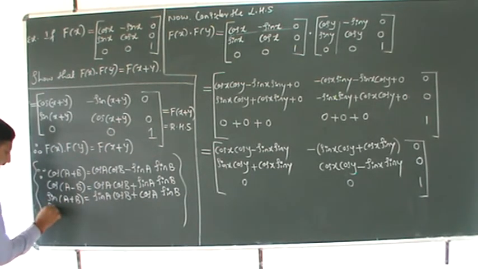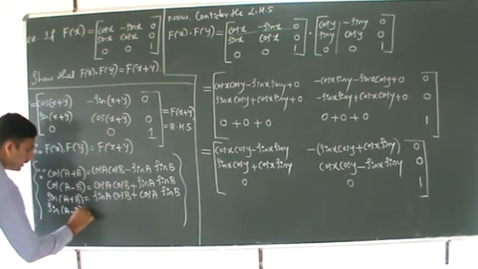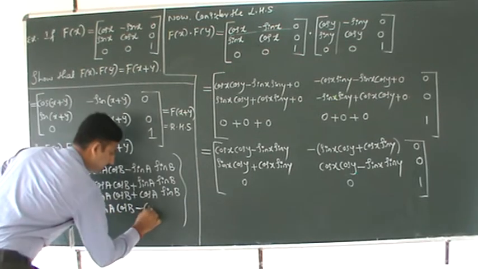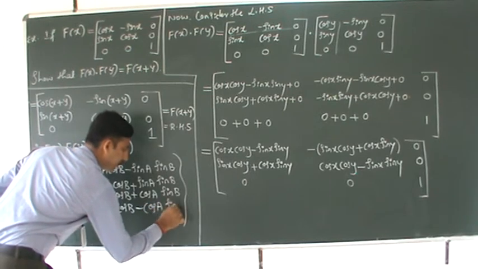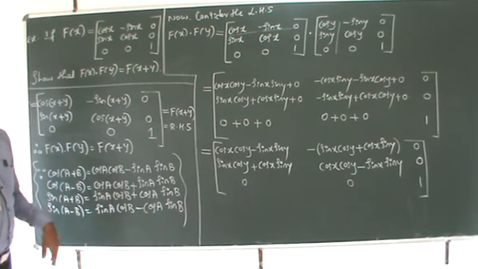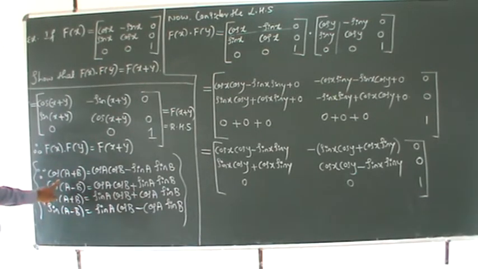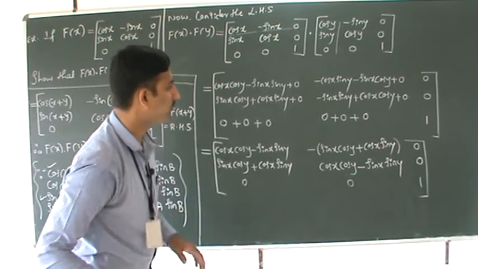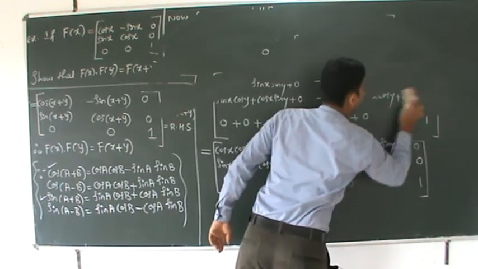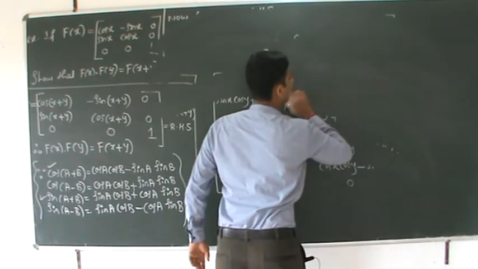After that, sin of a minus b is sin a cos b minus cos a sin b. These are some formulas that help us solve the given problem. Here we are using the cos of a plus b format, and the others are just for your reference. This is one important problem. It carries 5 marks.